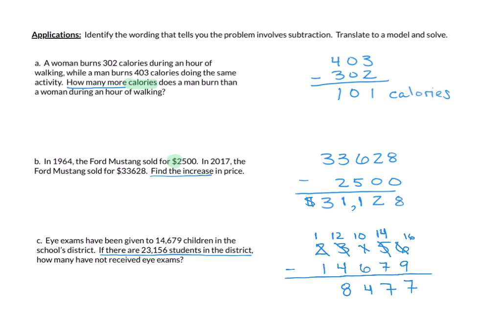And if we move to the left, 1 minus 1, they cancel, so we don't need to do any subtraction there. We need to include our correct units. In this problem, it's going to be children. So our final answer is 8,477 children.